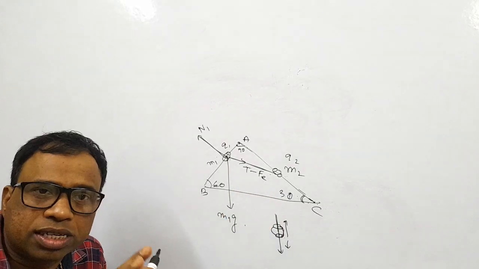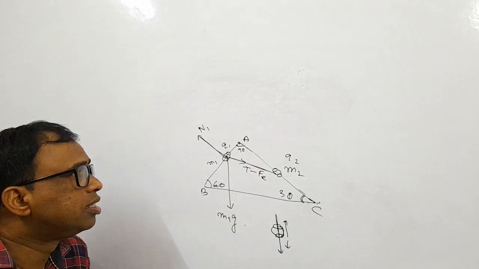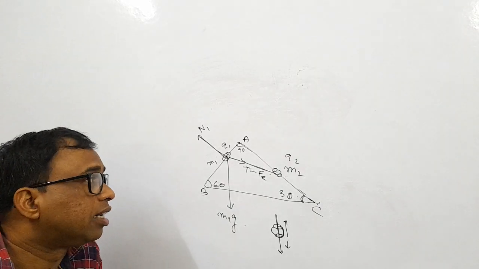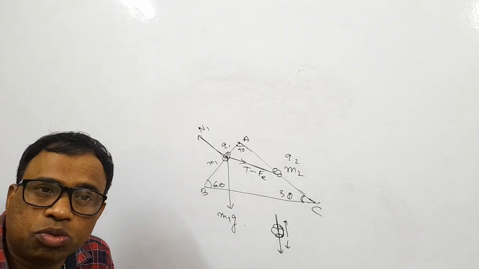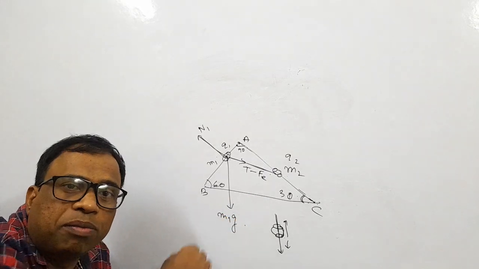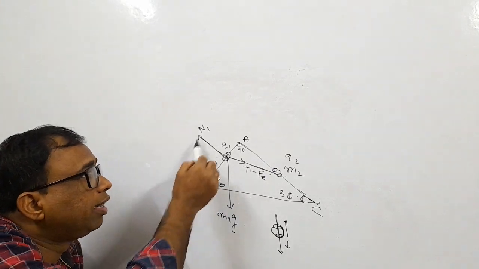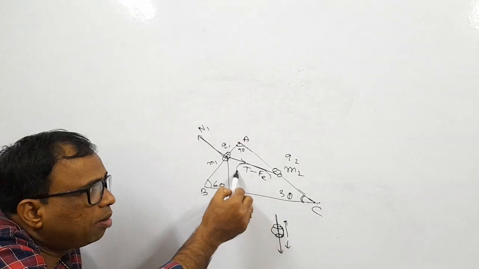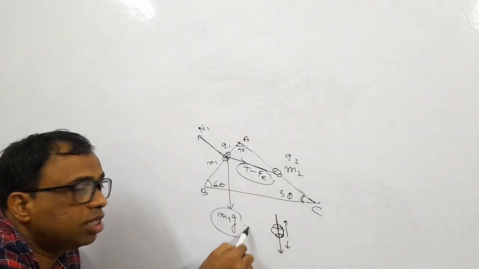If there are four forces, you have to consider only three. So you find the resultant of two forces and get a single one. The number of forces here is 4, but I take only 3, because N1 and T minus Fe is one force, and M1G is another.